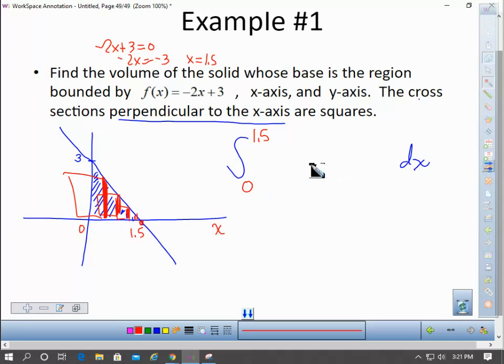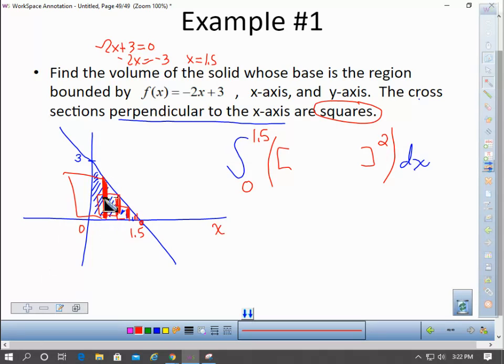And all I'm going to integrate is the area formula of what I'm building. So what am I building? I'm building squares. What is the area formula of a square? It's side squared. That's what I'm going to put into the calculator. So what is determining the side lengths of this square?